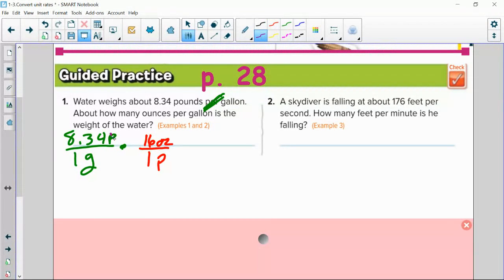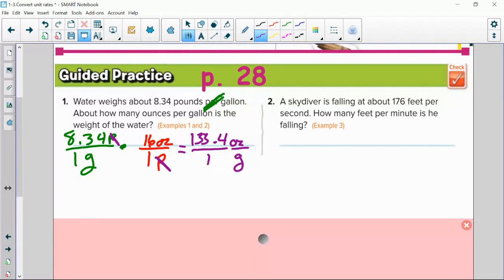That lets me cross out my pounds so that we know we're going to end up with ounces over a gallon, and then multiply across. And we get our 133 and 4/10 ounces per gallon.